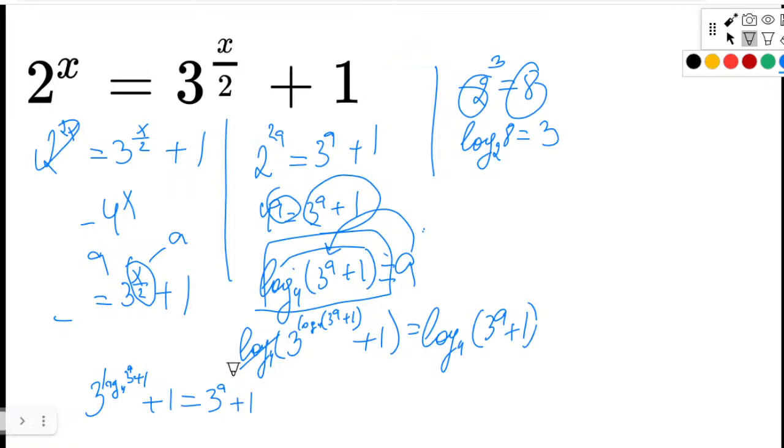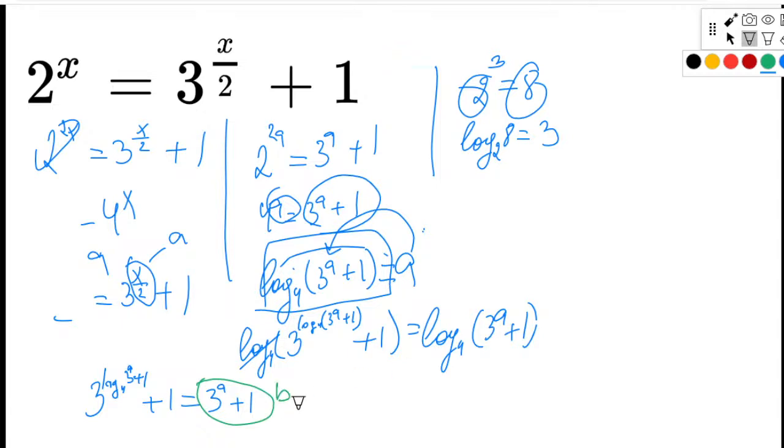And here what we do, let's choose another color, the 3 to the power of a plus 1 can be written as b.